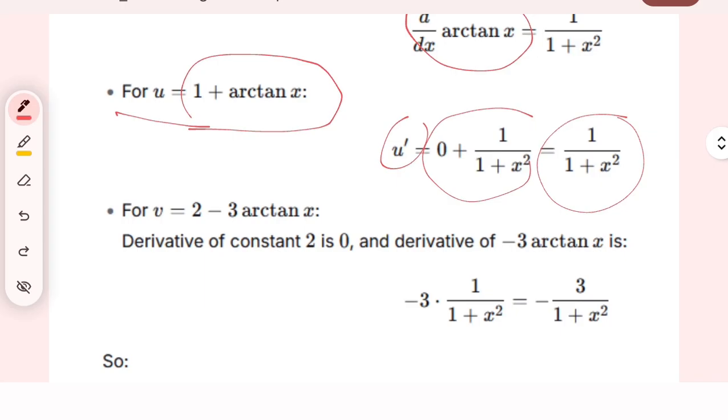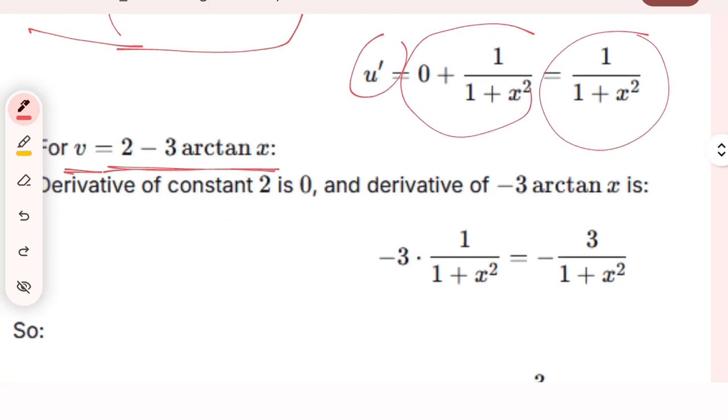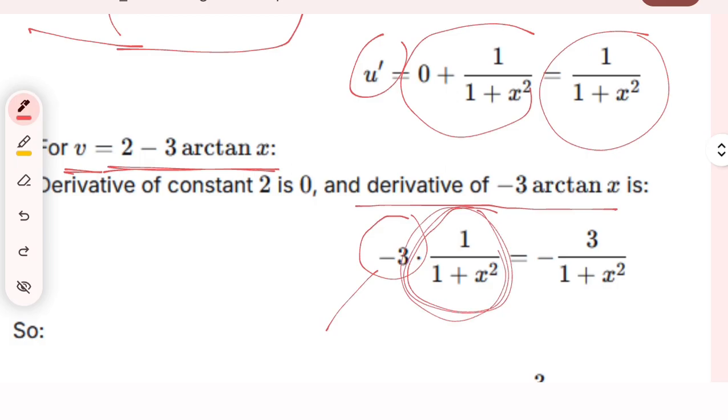That's for the u. For the v, this is the v, and we need to take the derivative of that. The derivative of minus 3 arctan x: we have minus 3, which is a constant, so you put it outside, and then the derivative of arctan x is this one, from the formula of the derivative of arctan.